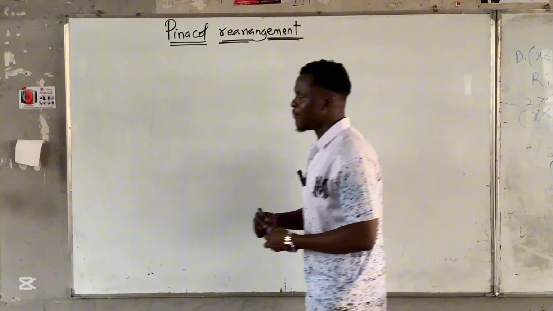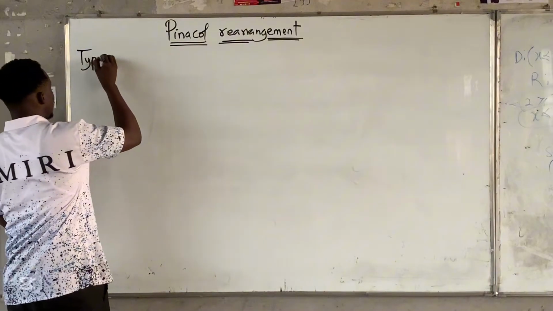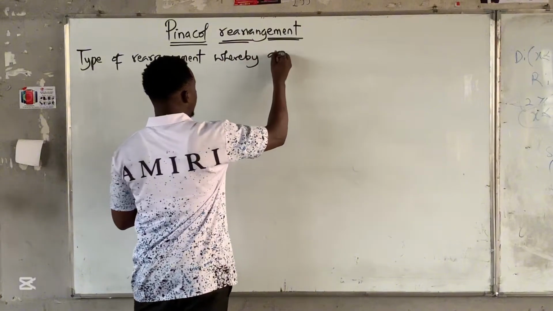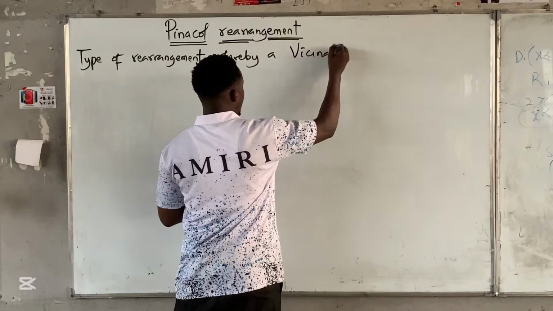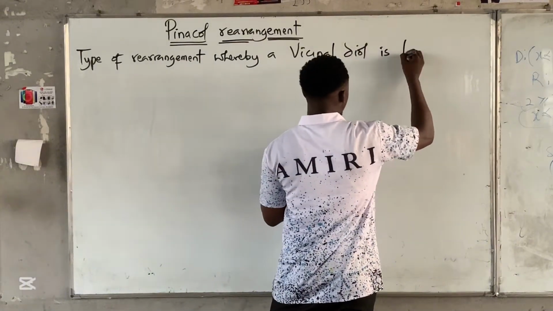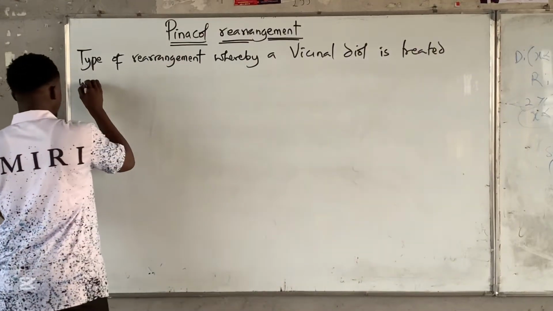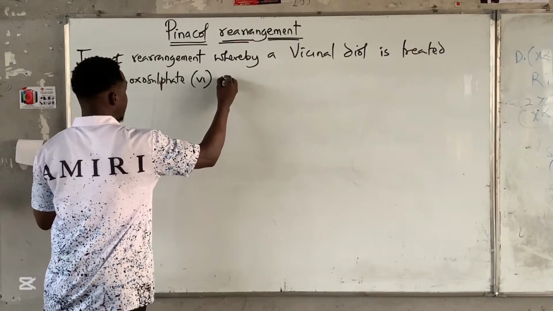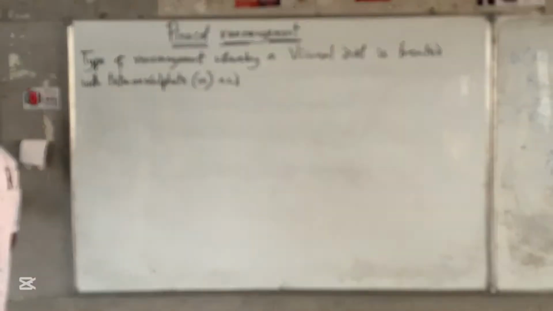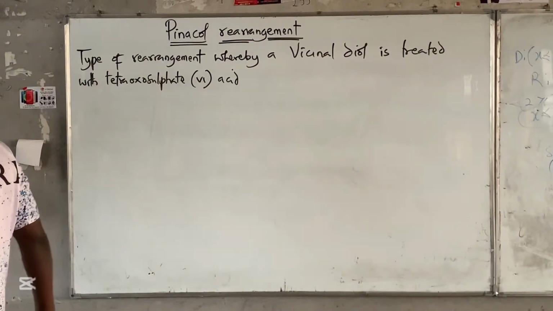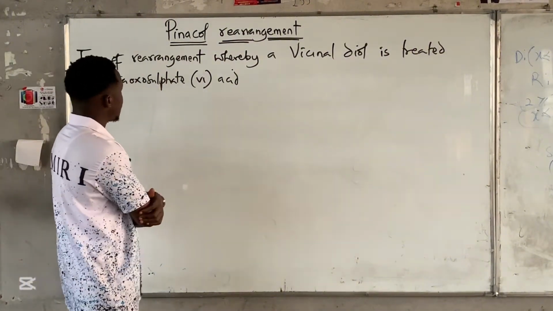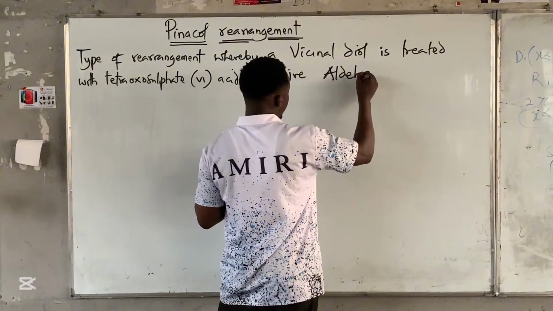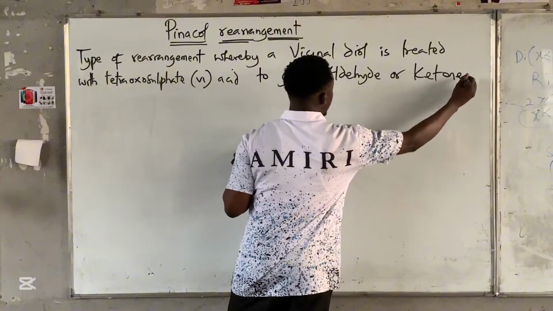Now this is a type of rearrangement whereby a vicinal diol is treated with tetraoxosulfate(VI) acid, to give either aldehydes or ketones.